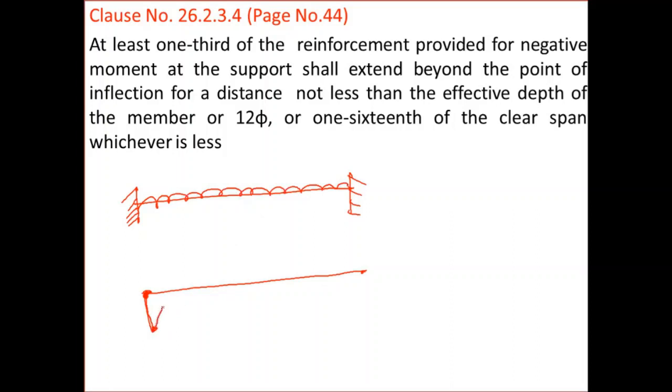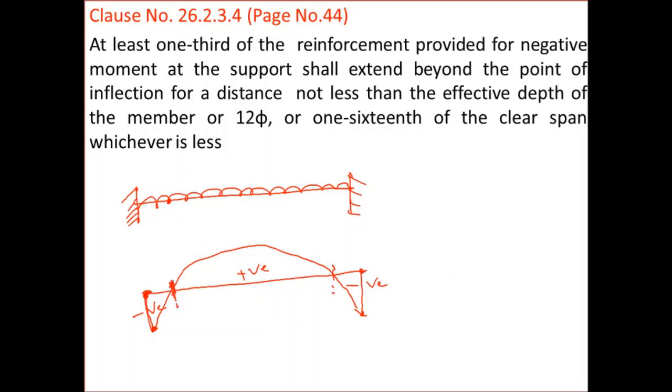At the support, bending moment is negative like this. Then at the center it will be positive. Again at the support it will become negative. So negative bending moment, positive bending moment, and negative bending moment. Now in this condition, this point is called the point of inflection or point of contraflexion.